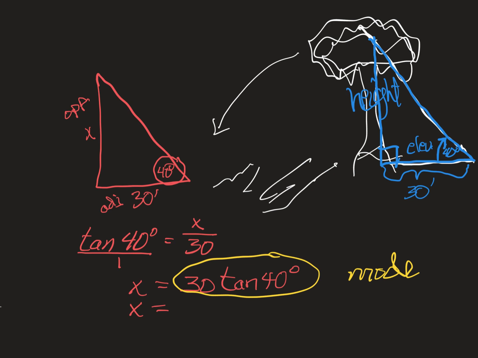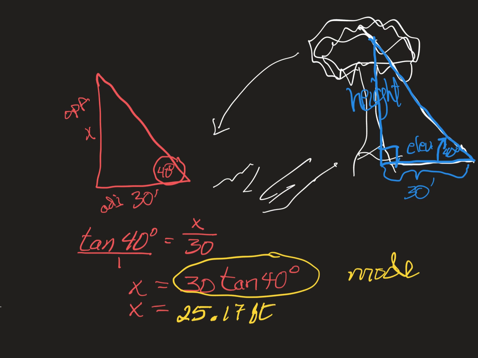So I do 30 times the tangent of 40 degrees, and it gives me an answer that the height of the tree is 25.17 feet.